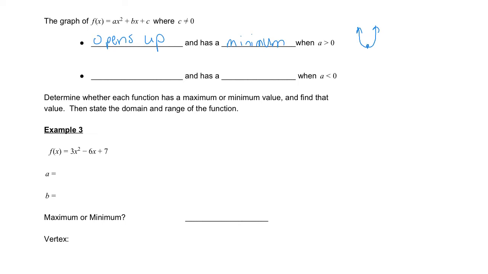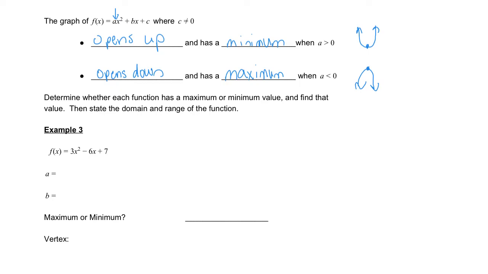That means there's a point down here at the bottom of our cup that nothing will ever go below. When a is less than 0, our parabola opens down, something like this, and has a maximum value here at the top of this umbrella where nothing can ever go above it.